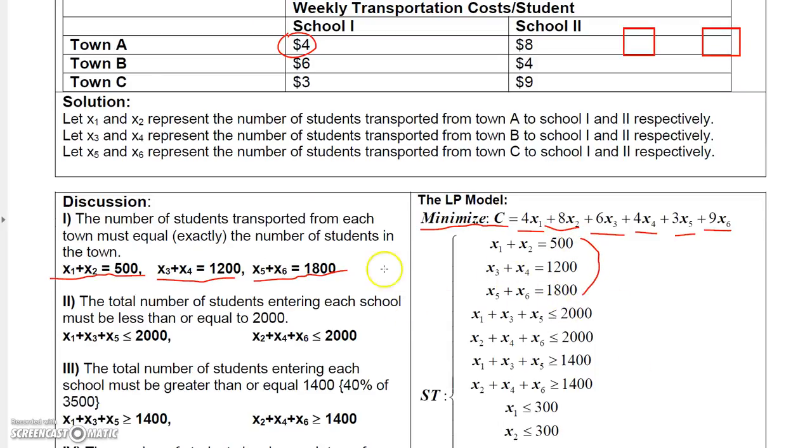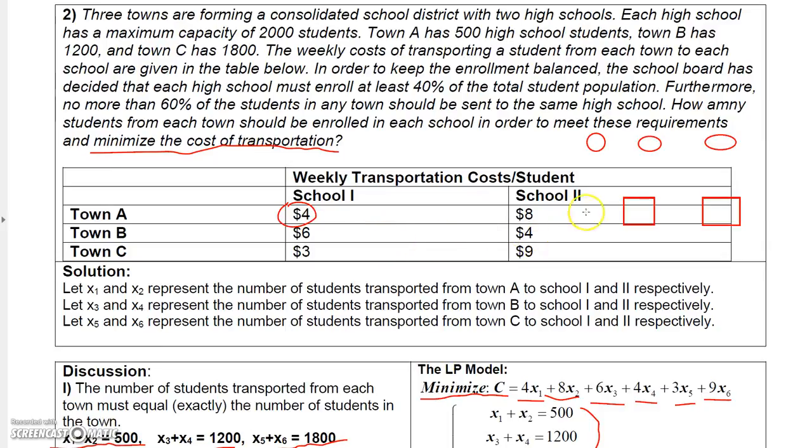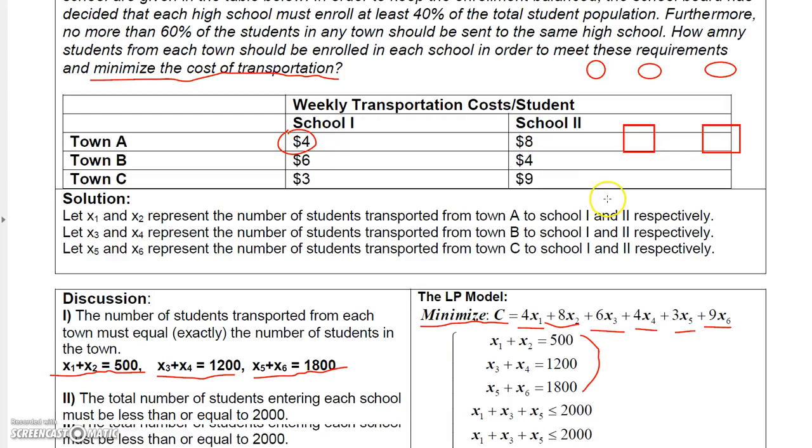All right, now a couple of other constraints have to do with the capacity of the high schools. Both of these schools can hold no more than 2,000 students. So the students coming into school 1 are the ones from town A, which is x1, the ones from town B, which is x3, and the ones from town C, which is x5.